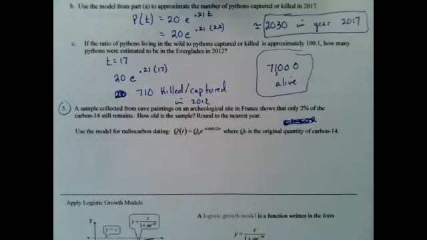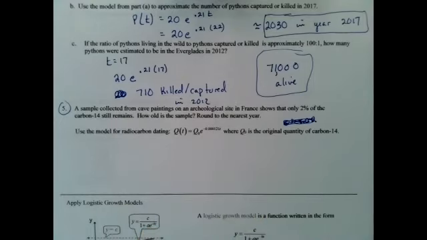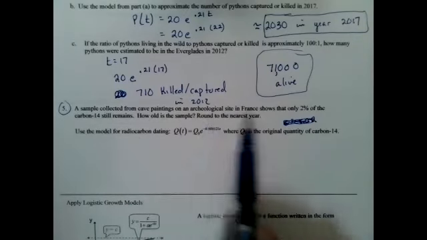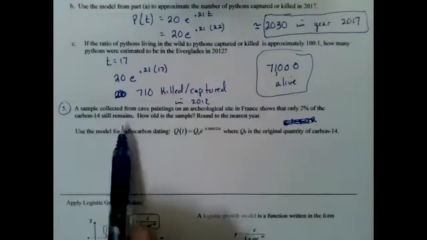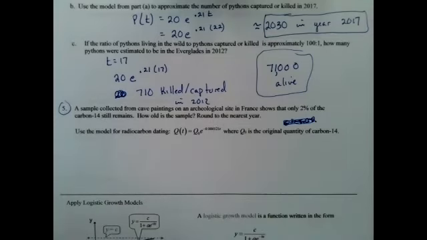This one is legitimately hard, but you may come across this in a course somewhere along the line. A sample collected from cave paintings of an archaeological site in France showed that only 2% of the carbon-14 still remains. How old is the sample?